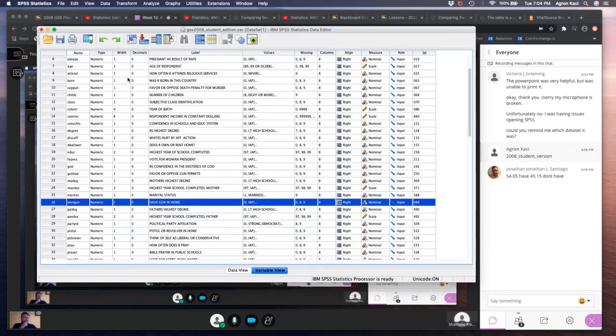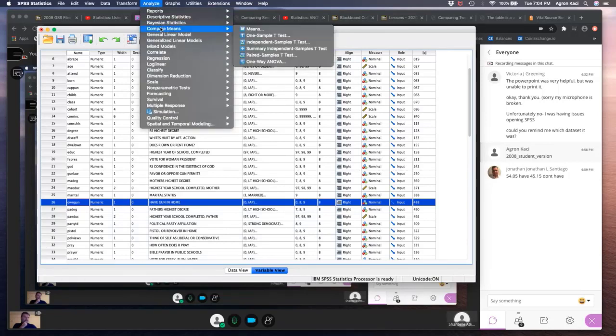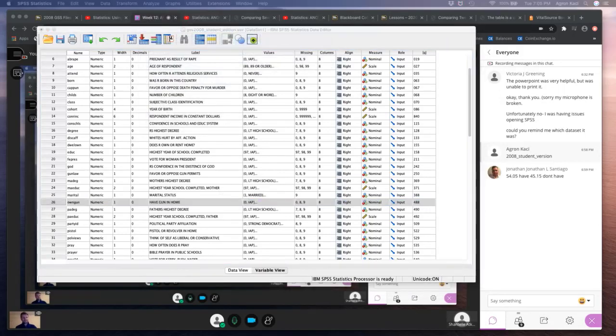So this is going to be a t-test. We go to analyze, compare means, independent samples t-test, because whether you own or don't own a gun, yes or no, the groups are independent, they don't depend on each other, right? Either you have or you don't. So independent samples t-test.